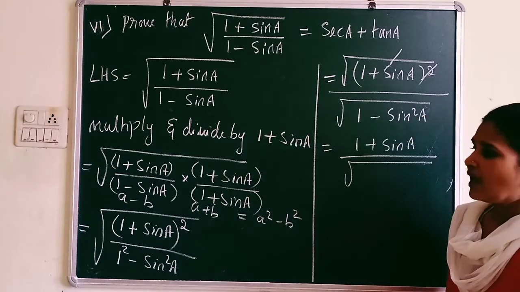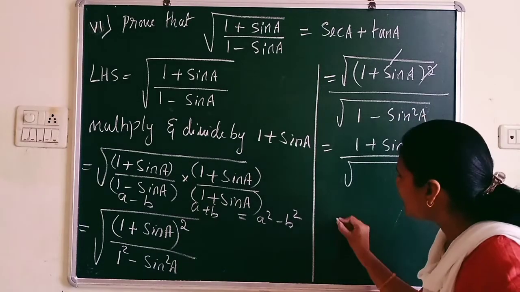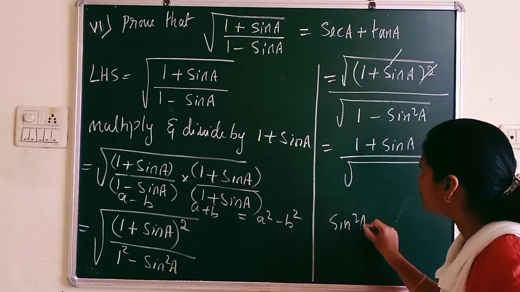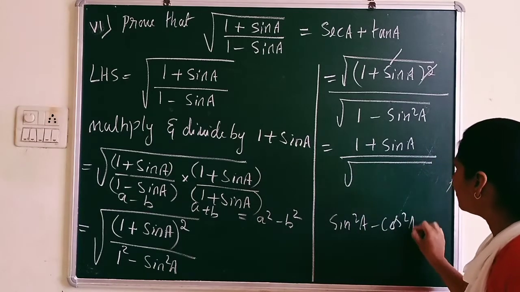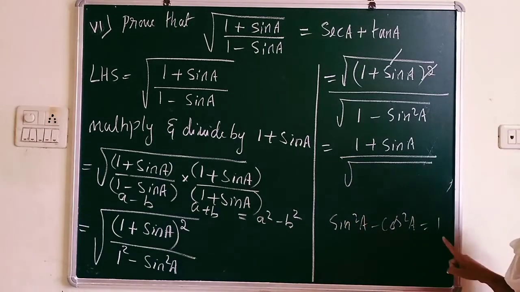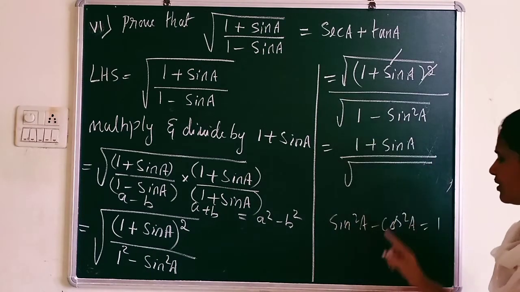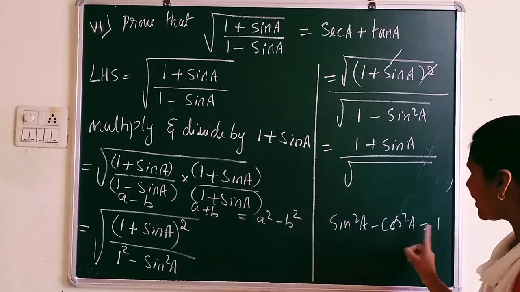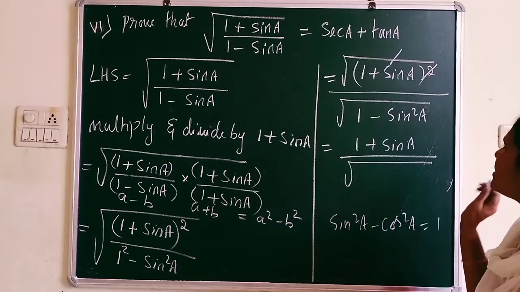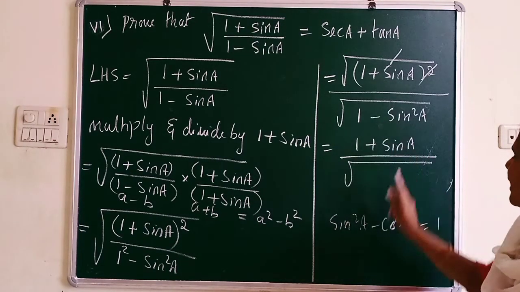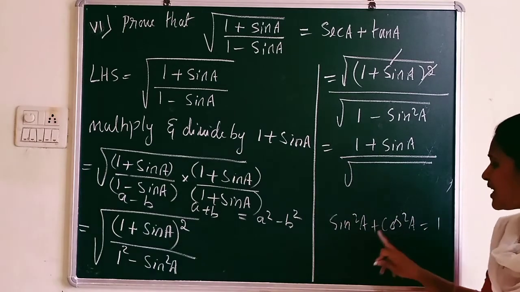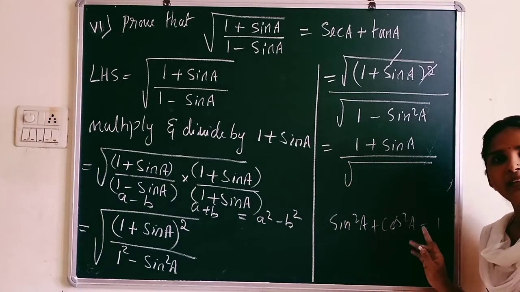So how to convert? As you know, sin square A plus cos square A equals 1.